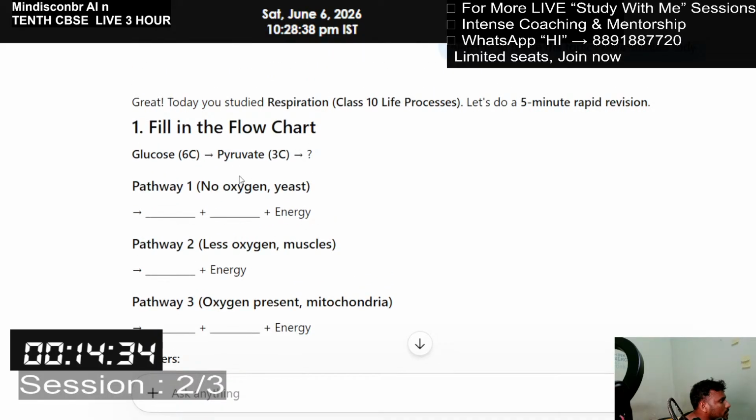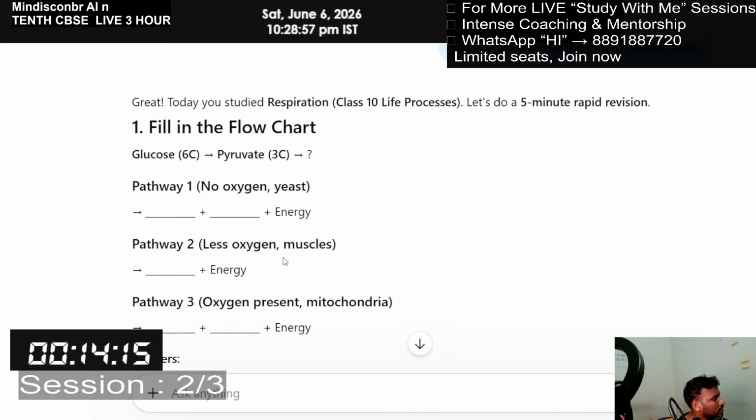Glucose, 6 carbon, gives pyruvate, 3 carbon, and in pathway 1, in the absence of oxygen, or in yeast, without oxygen it will produce ethanol and carbon dioxide and energy.